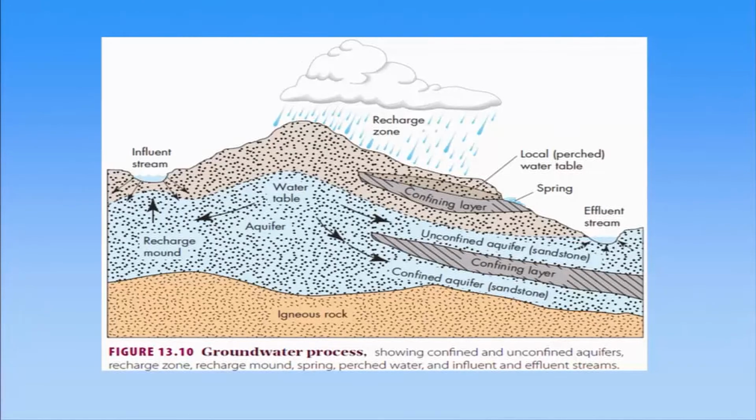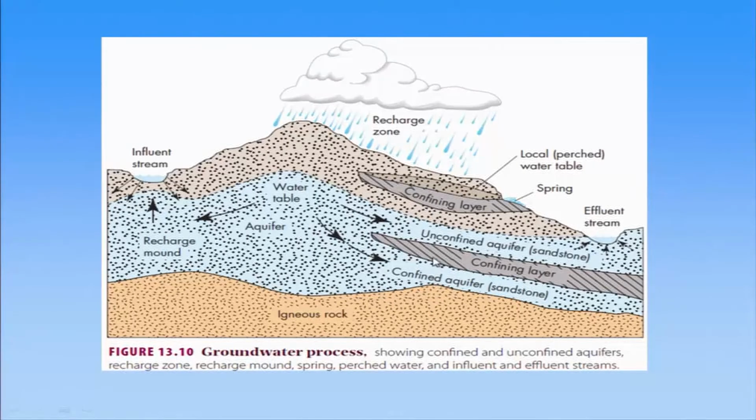This is a similar figure which talks about the influent and the effluent streams. This is an effluent stream, whereas this is the influent stream in the upper reaches. Then we have different units resting over the igneous rock.